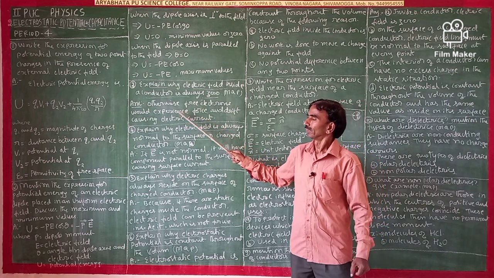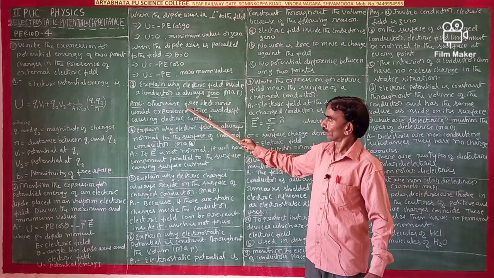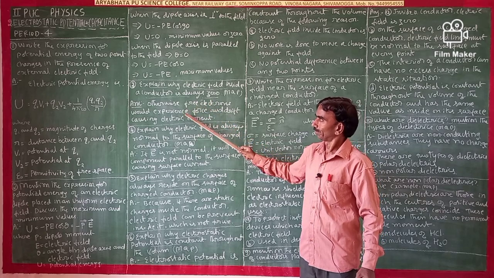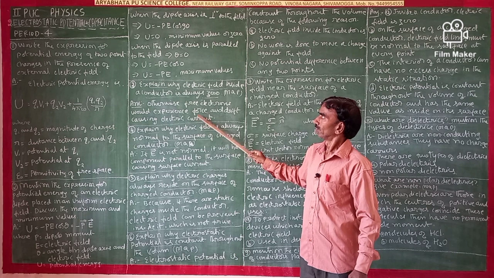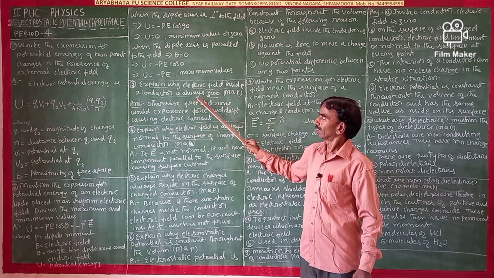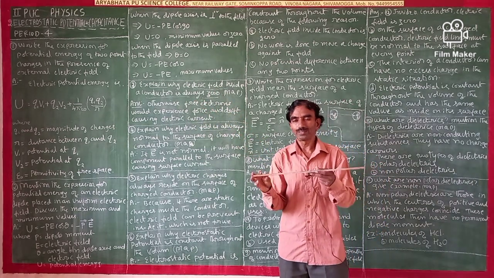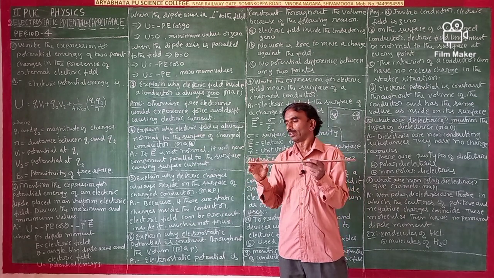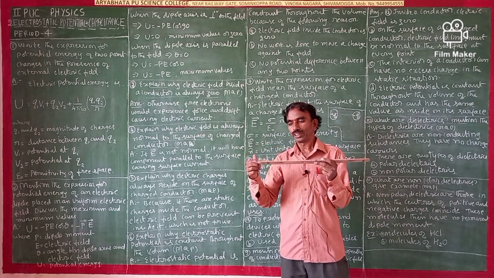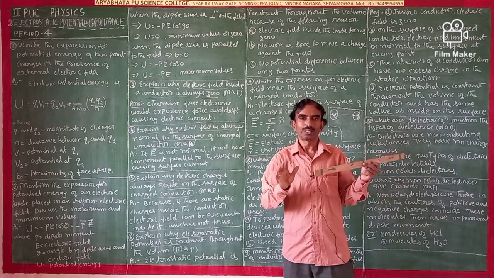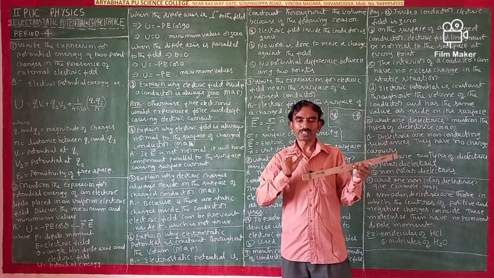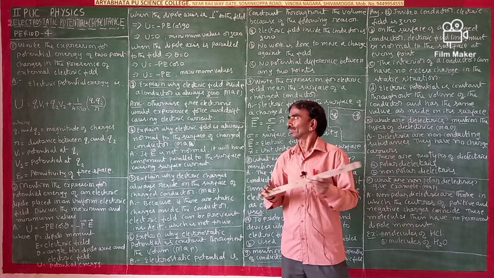So the electric field inside a conductor is always 0. Whenever you take a conductor, the field is only outside. Inside the thickness of this conductor there is no electric field. The electric field always resides only outside, on the surface.